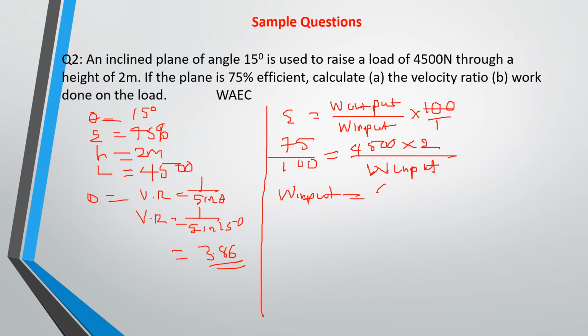That gives you 4,500 multiplied by 2, that should be 9,000, times 100, divided by 75.